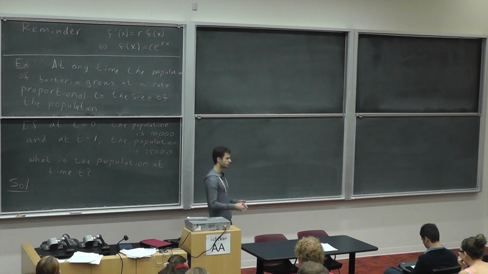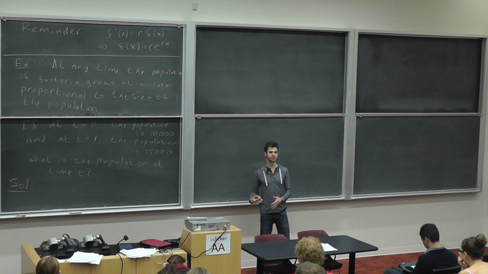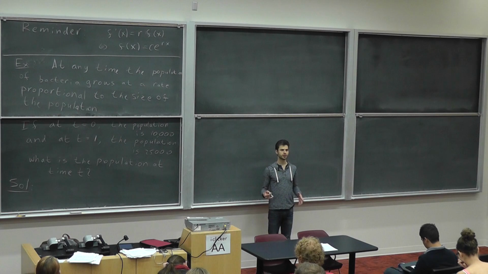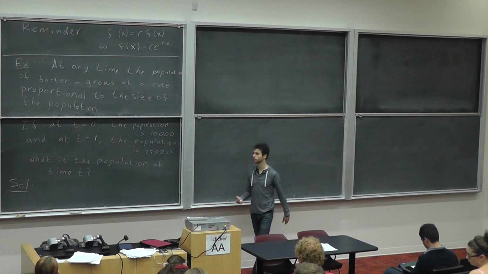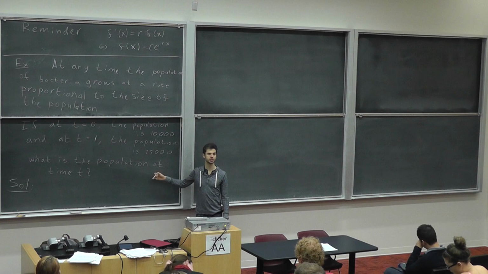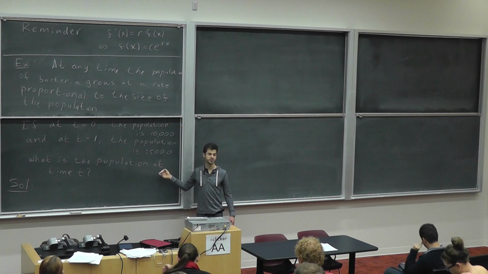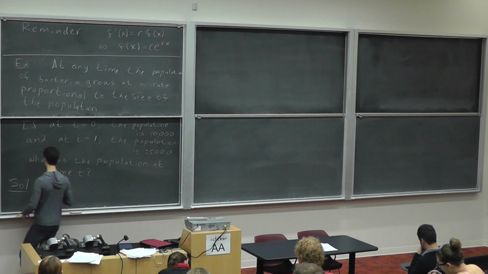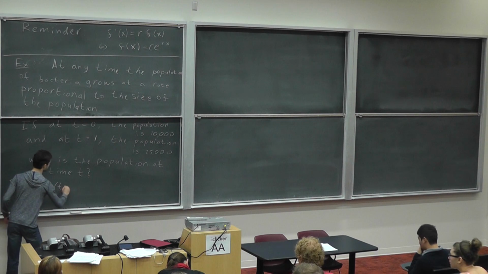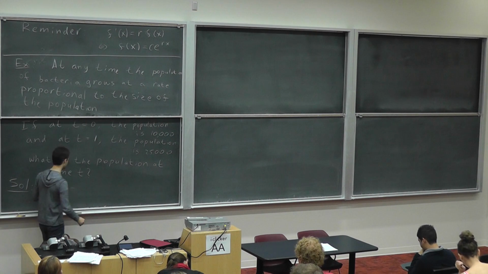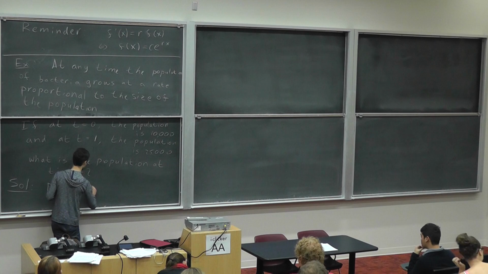Before I even start doing math, I want to give a convenient name to the quantity in question. The quantity in question is the population at time t. So that will be my notation. I'll denote it by P of t.